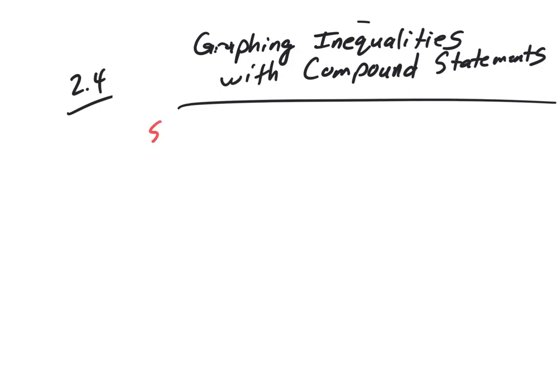We've talked a lot about sets. And before we get into inequalities, we're going to talk about two different kinds of sets. We can talk about what we call an intersection, or we can talk about what we call a union.